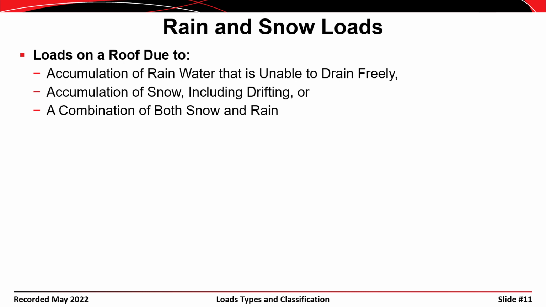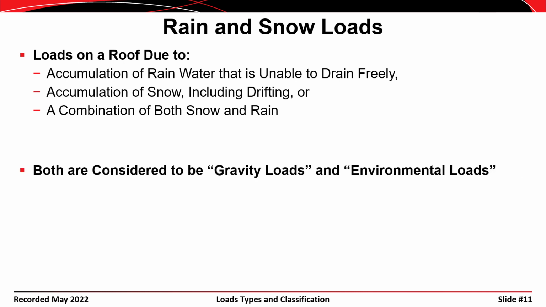Maybe in the rare case of a very large storm or something like that, but the roof should be designed to drain properly. We can accommodate snow, and sometimes you have to worry about having a snow event and then rain following it, so the snow gets wet and heavy. Okay, both of these loads are considered to be gravity loads and environmental loads.